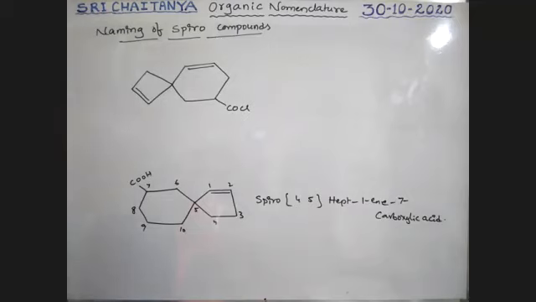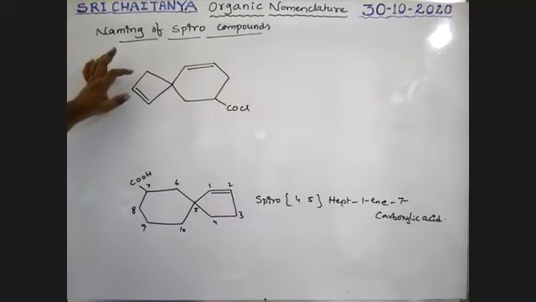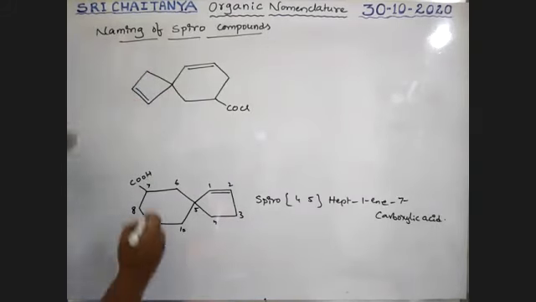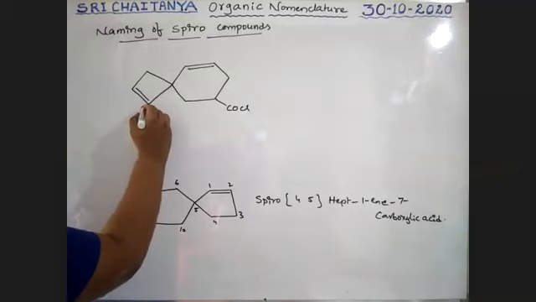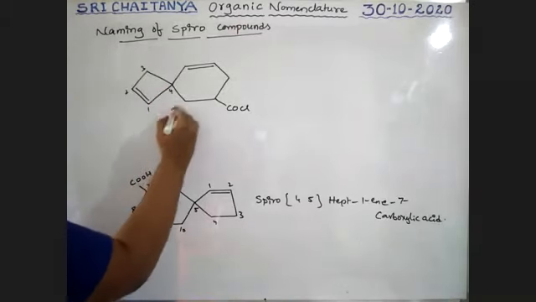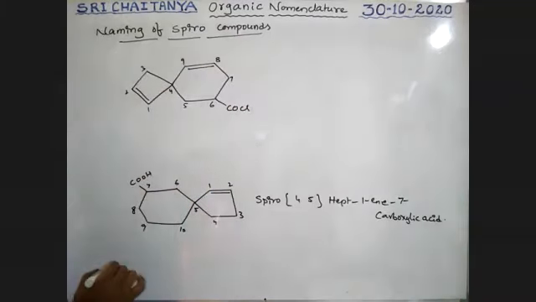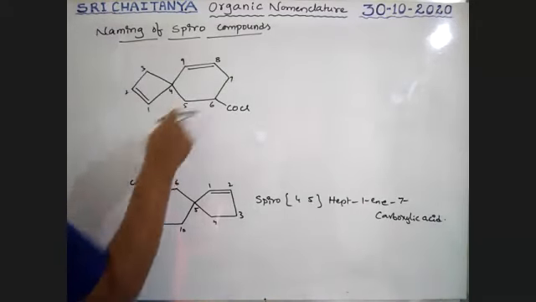It is the major functional group, so I'm starting here. 1, 2, 3, 4, 5, 6, 7, 8, 9. No other substituent chain is there.